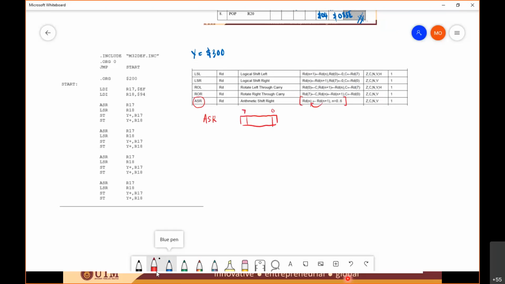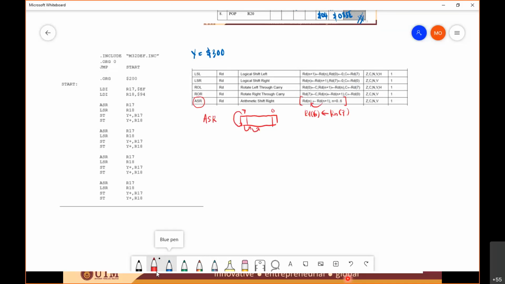Rd(n+1), for example Rd7, will go to Rd6. So this one will go to here and the rest will follow, shifted to the right by 1 bit. What happened to bit 7? Bit 7, no change. The other bits will change, but bit 7 you copy back the number. This is what the ASR does.